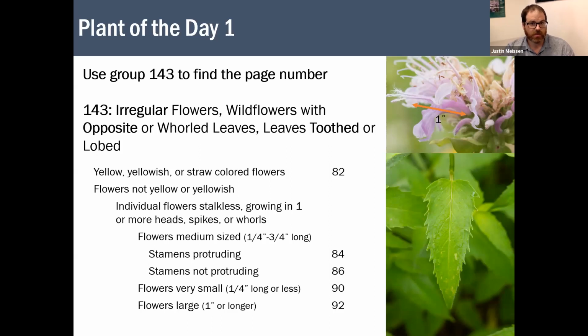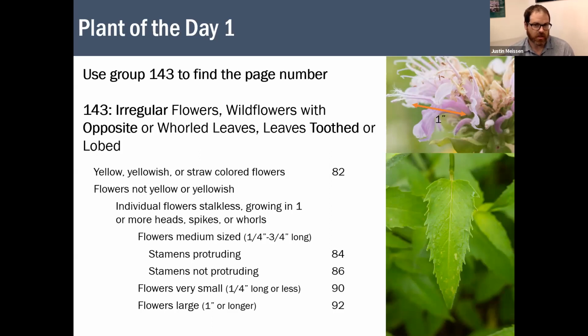So our first question is whether we have yellow flowers or not. Definitely not. These are pink, light pink. So we'll continue under the flowers not yellow. Next, we need to figure out if the flowers are stalkless or not, and if the flowers are in heads. So looking at our flower, we don't have flower stalks and they are in heads.